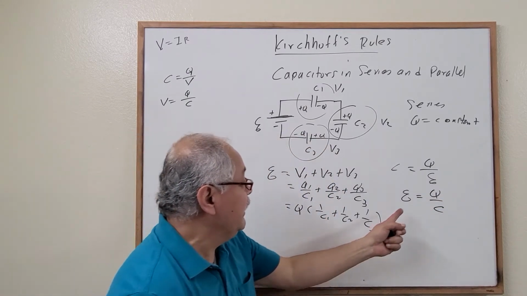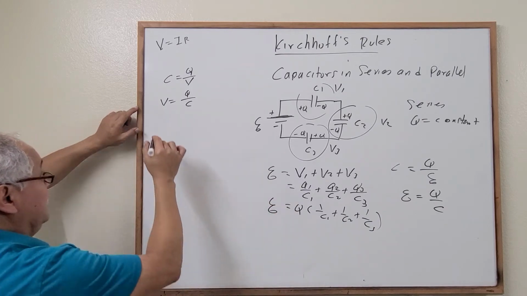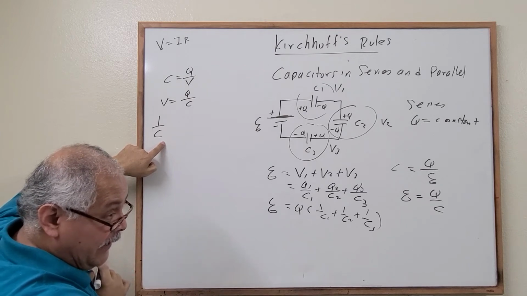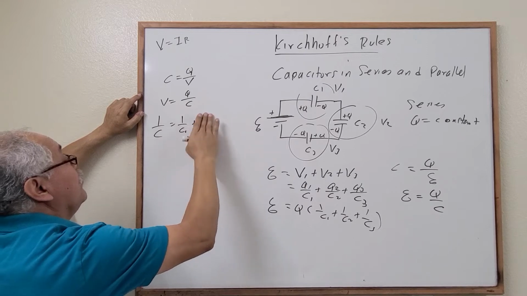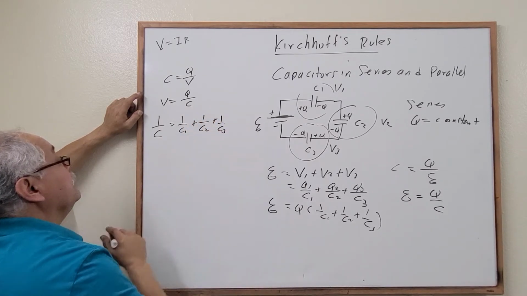When we compare this equation to the other one, we have that 1 over the equivalent capacitance is equal to 1 over C1 plus 1 over C2 plus 1 over C3.